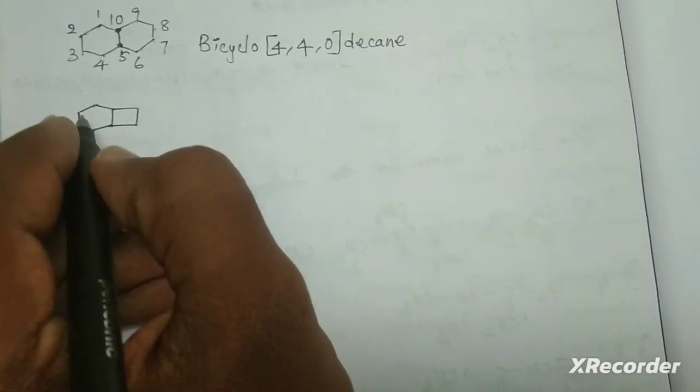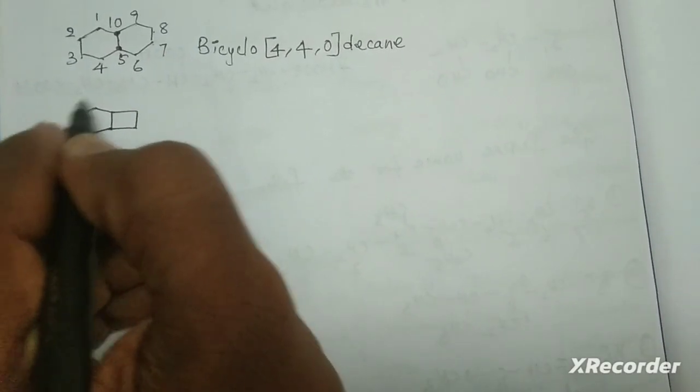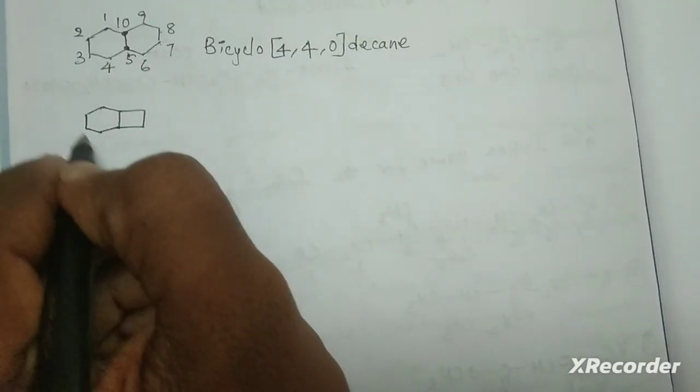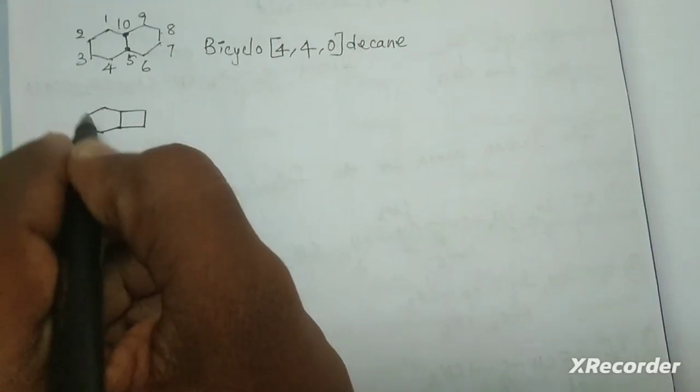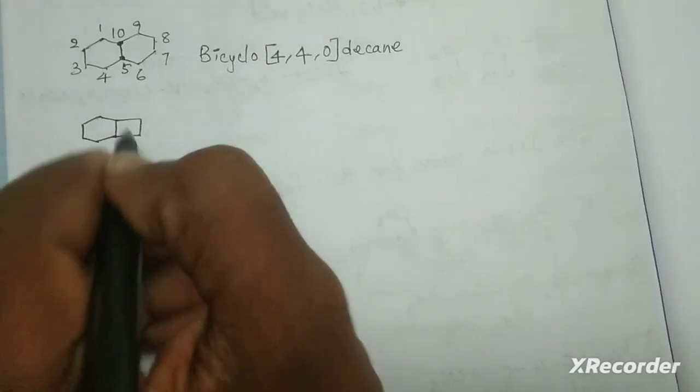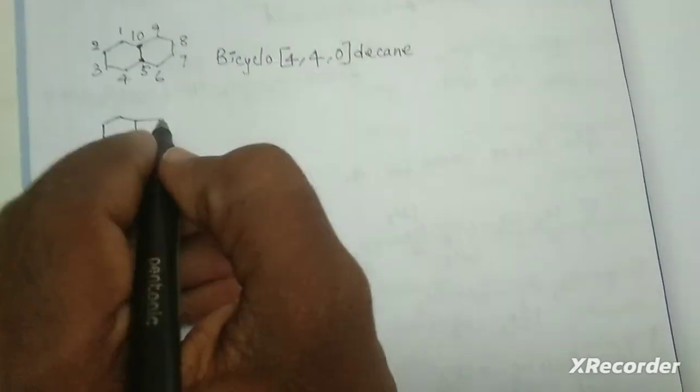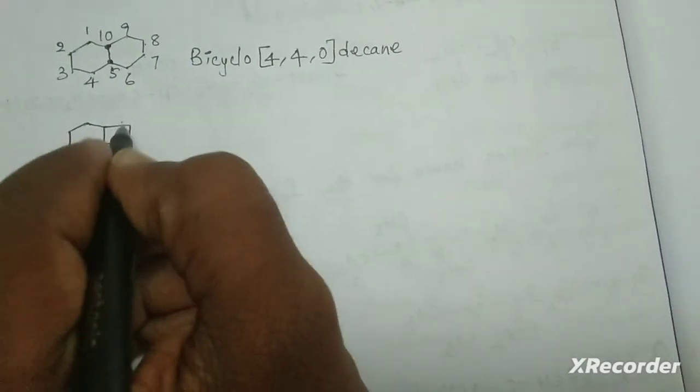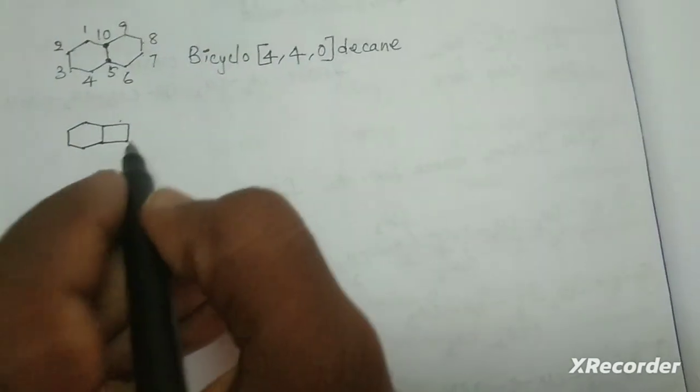There are two different types of cycles here. One is the longest carbon chain, that is the bigger cycle, and the other is the shorter ring. There are only two carbons present, and on the bridge there are no carbon atoms.